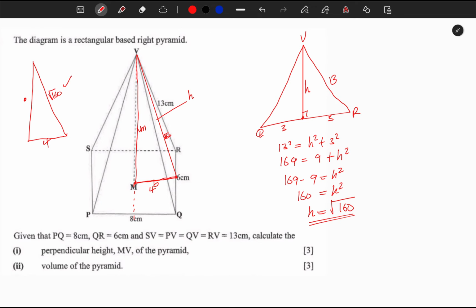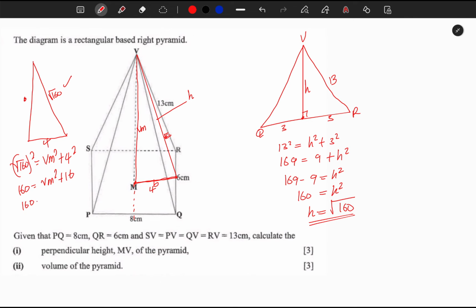So now this one becomes the hypotenuse. So root 160 squared is equal to VM squared plus 4 squared. If I evaluate this part, I'm just getting 160 is equal to VM squared plus 16.